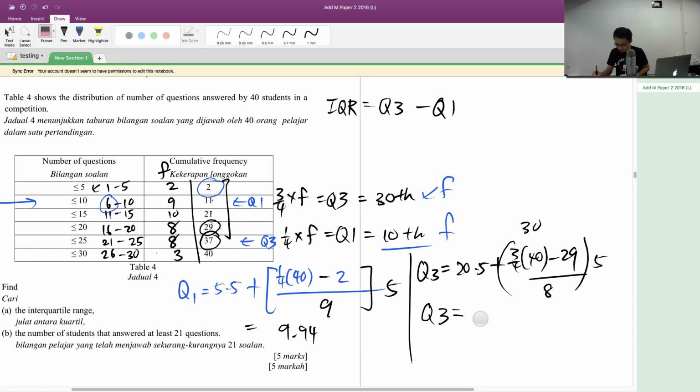I will get 32.375. In order to find the interquartile range, we use Q3, 32.375, minus Q1, 9.94.